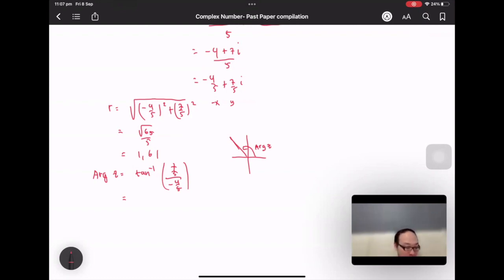So it's tan inverse, this is radian, yeah, tan inverse 7 over 4.